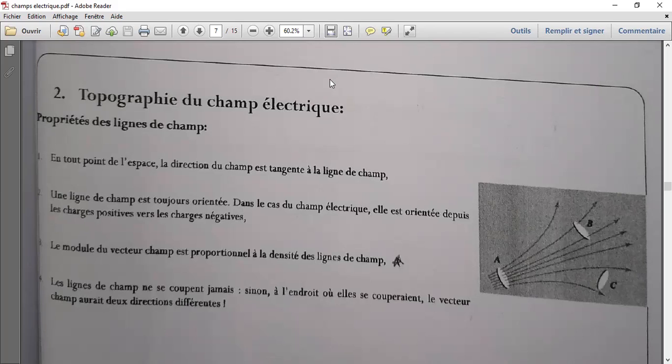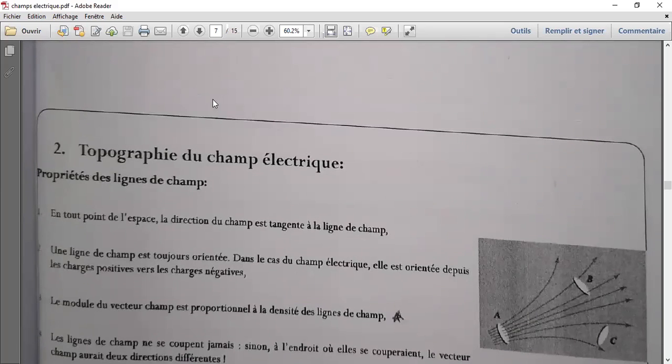Okay, repeat the meaning. So the first statement says, en tout point de l'espace, la direction du champ est tangente à la ligne de champ. So they are just saying that in all space, the direction of a champ is tangent to the line of the champ.